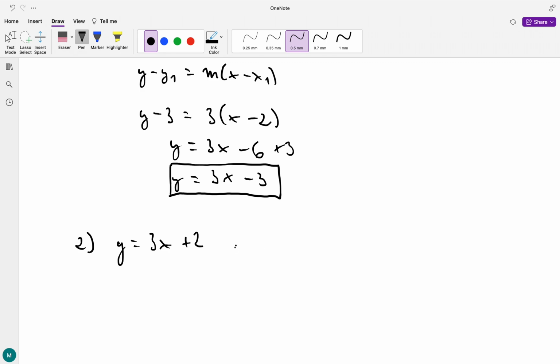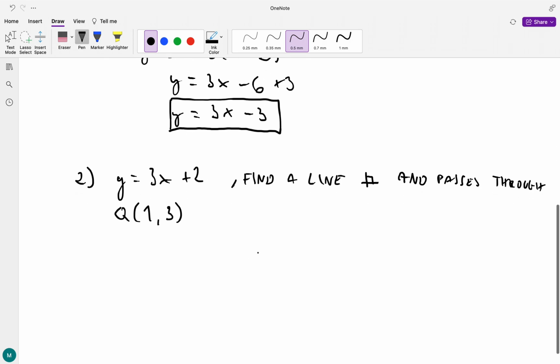And we need to find a line that's perpendicular, so it crosses this line at exactly a right angle, and passes through a point, let's call it point Q, equal to, let's think of some clever numbers, perhaps just (1, 3).